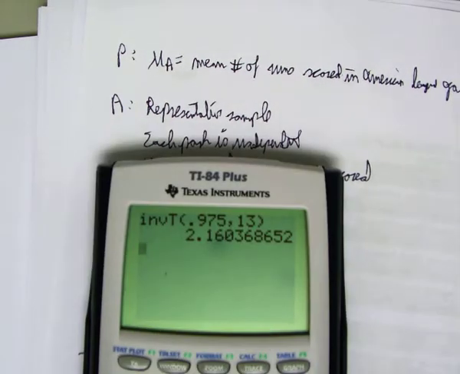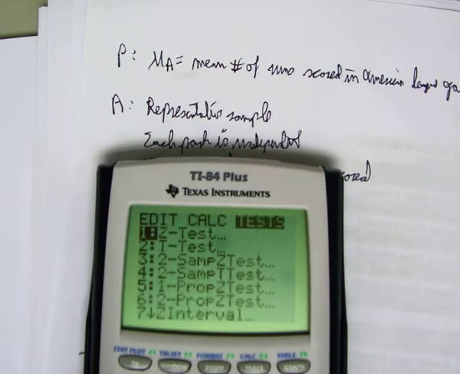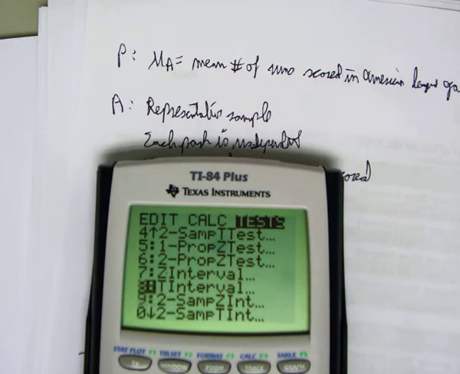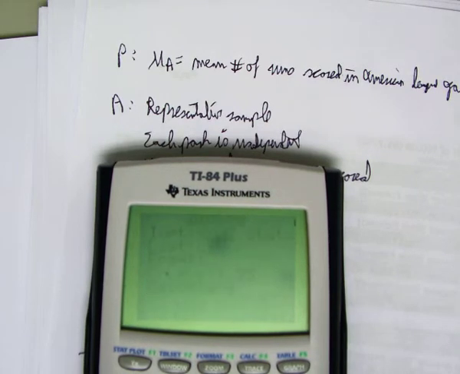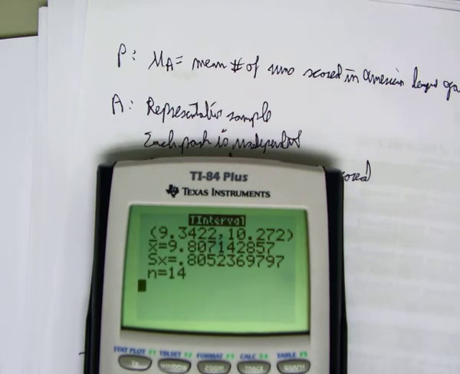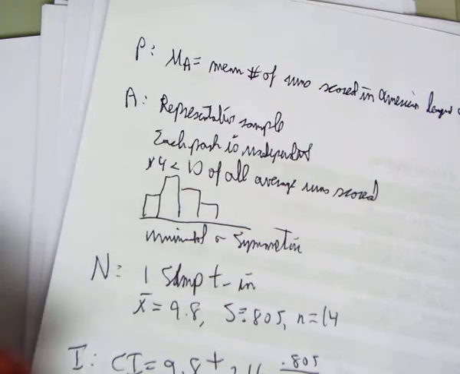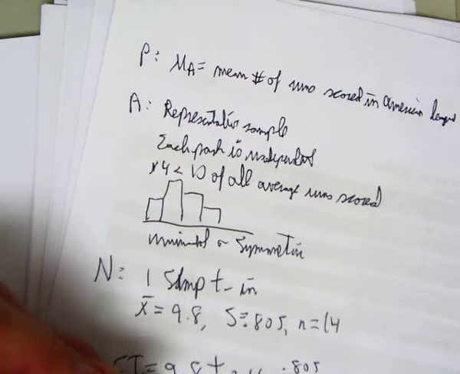And then we're just going to go to the calculator and let the calculator calculate it. We're going to go to T interval. There it is. So we're just going to calculate it from L1. And there it is. So 9.3 to 10.3.